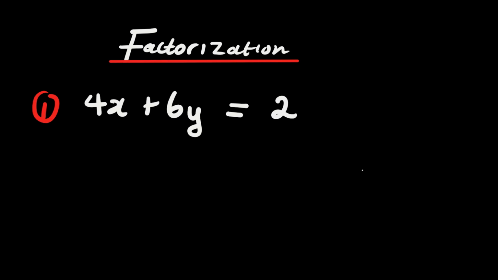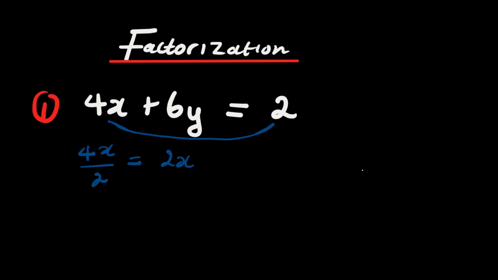So what do we do with this 2? If you remember from our previous example, we take this 2 and divide back again. So we have 4x divided by 2. What do we have in this case? 4 divided by 2, we get 2x.